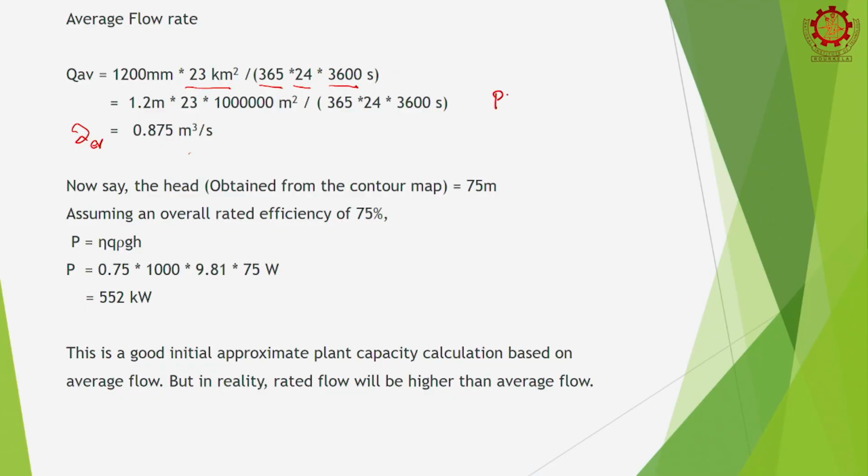P we know is efficiency into Q rho G H, right. H for the project B is 75 meters. Now, we can put in these values: Q is 0.875, rho is 1000 kilograms per cubic meter, G is 9.81, H is 75, right.